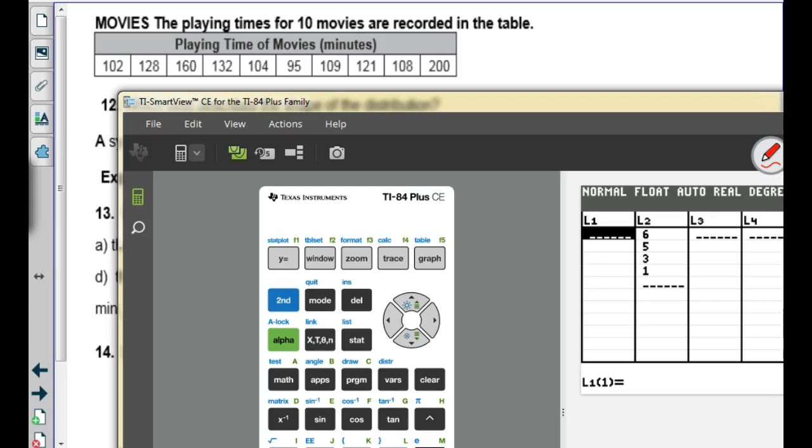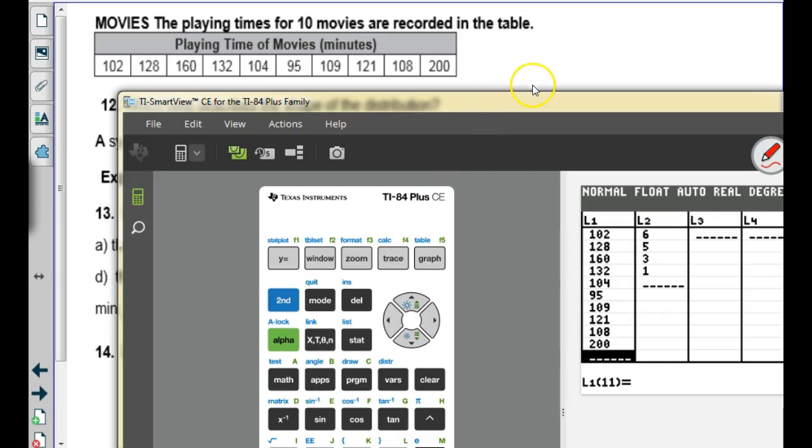Okay. It's not a frequency list. Okay. So the playing times of 10 movies were 102, 128, 160, 132, 104, 95, 109, 121, 108, and 200.